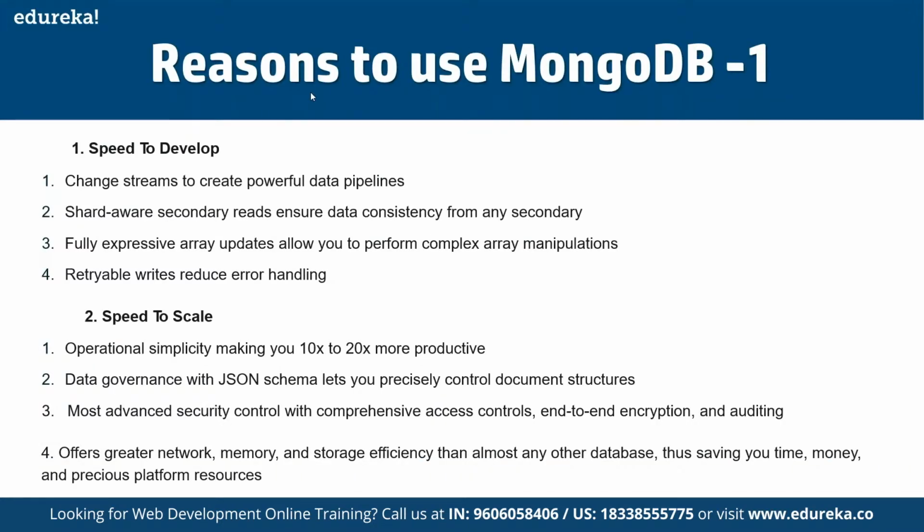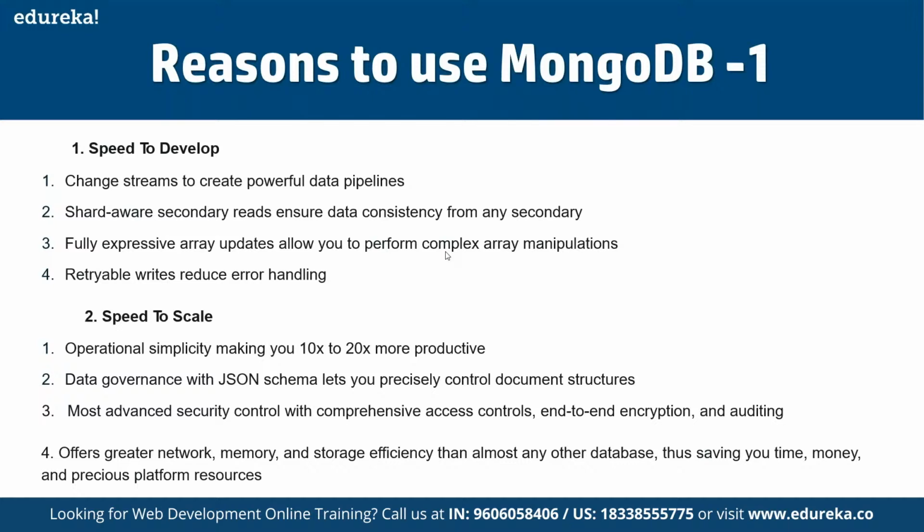If you talk about the features of MongoDB, we can use change streams to create powerful data pipelines. And we can define shard-aware secondary reads, ensuring data consistency from any secondary as well. It allows fully expressive array updates, which allows us to perform complex array manipulations.